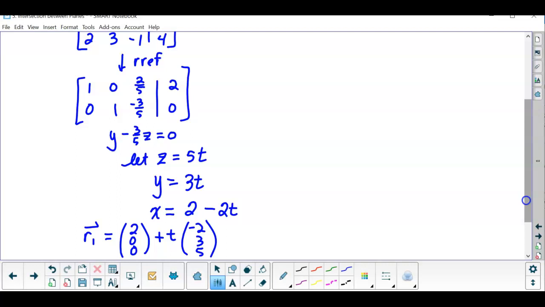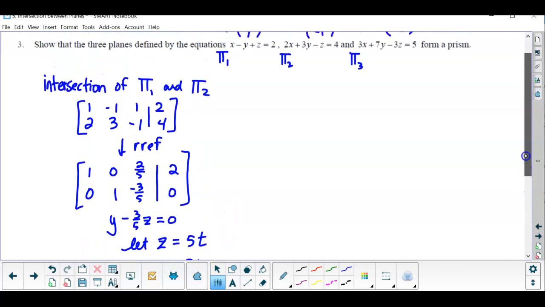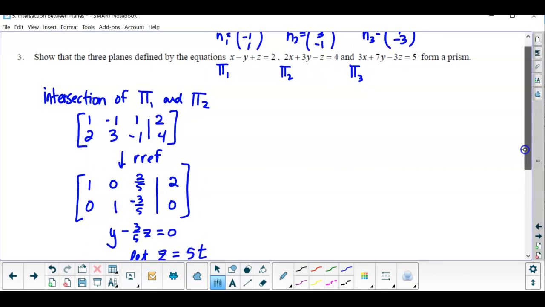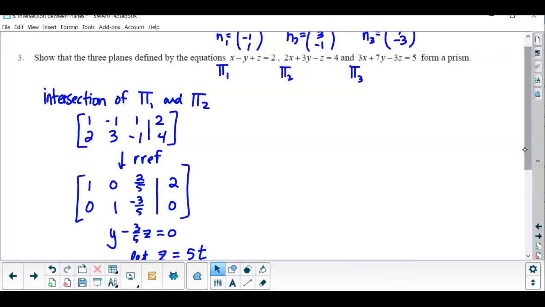And then do the same, so we did that for pi 1 and pi 2, plane 1 and plane 2. Now we'll do the same.